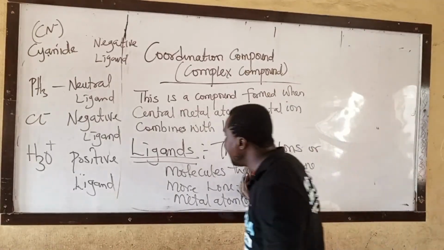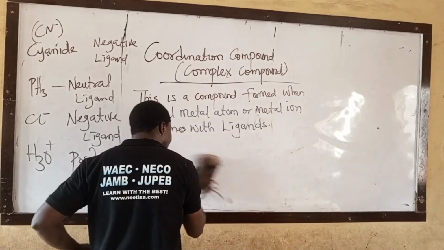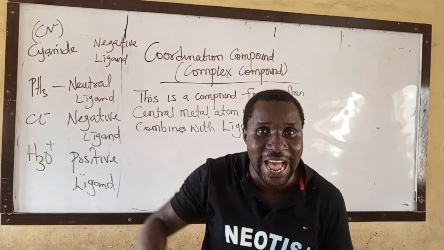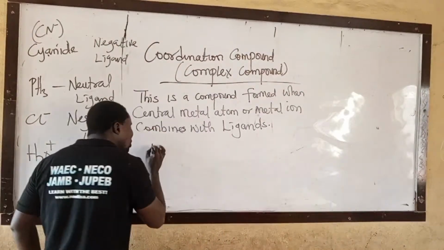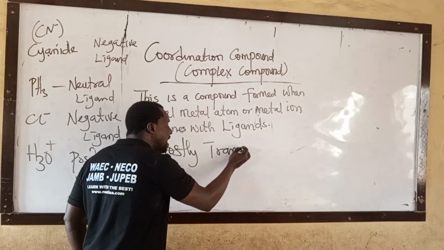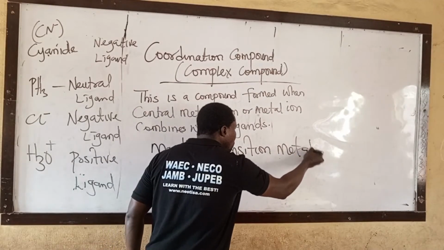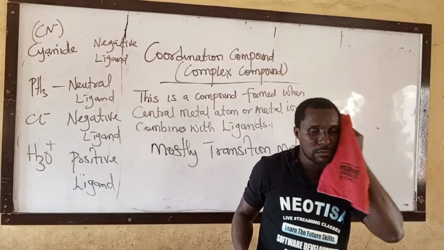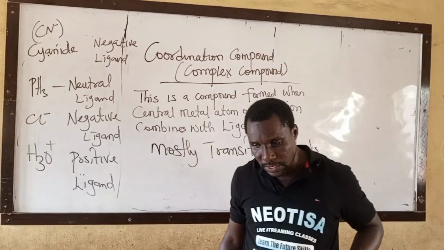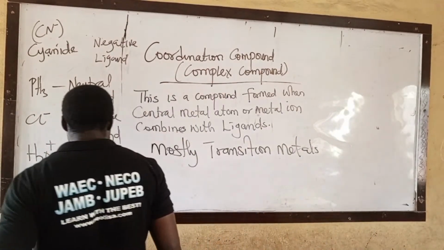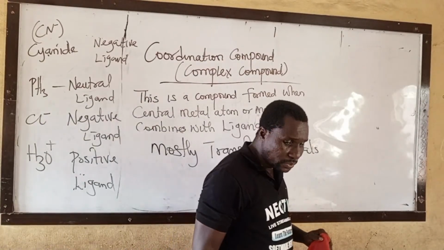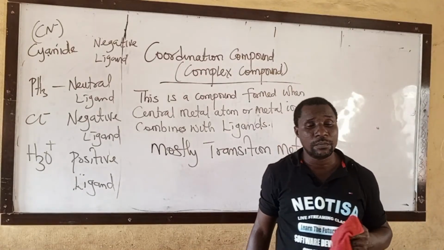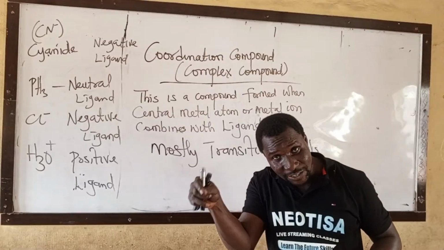Let's move on. Take note. If they ask you, the central metal atom or central metal ion in coordination compounds are mostly transition metals. Write it down.